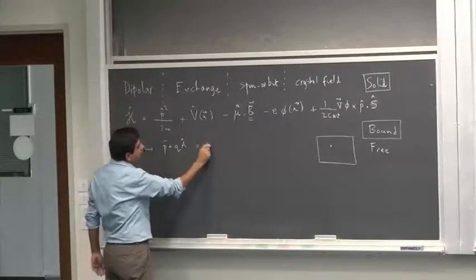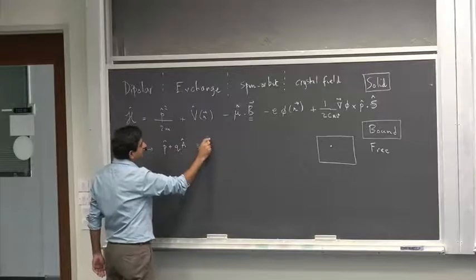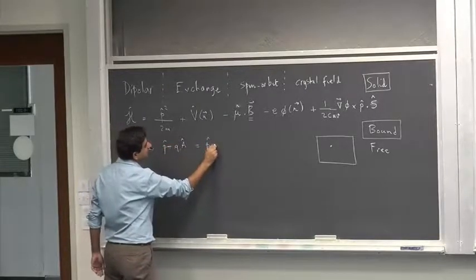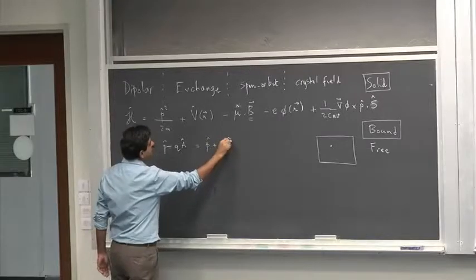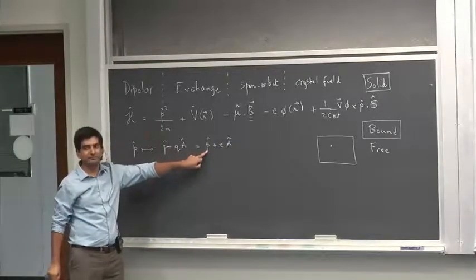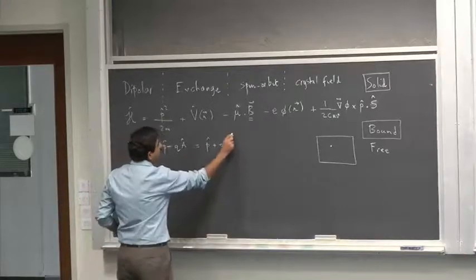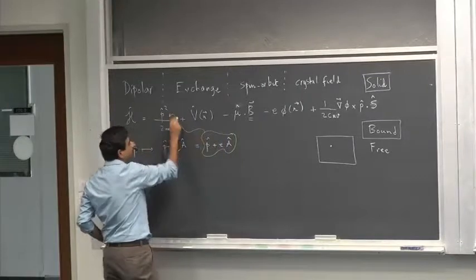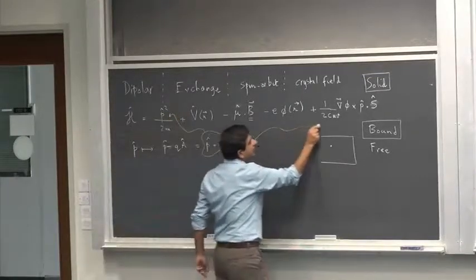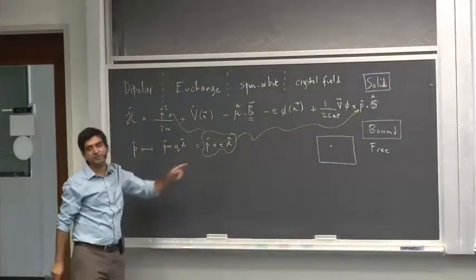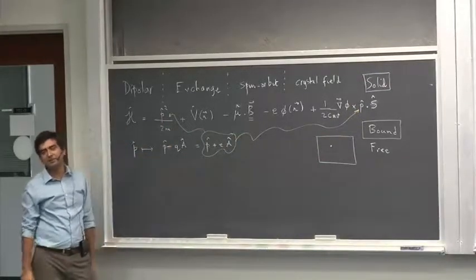Now the charge on an electron is minus e, so this is P minus QA, this becomes P plus eA. So we have to replace this P by this term if a magnetic field is present. And this P will also appear in the spin-orbit interaction term. So each one of these P's has to be replaced by this in the presence of a magnetic field.